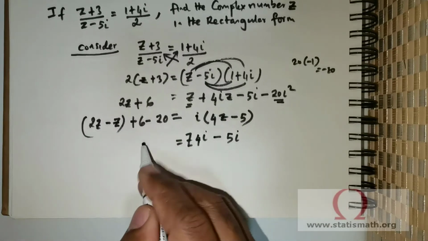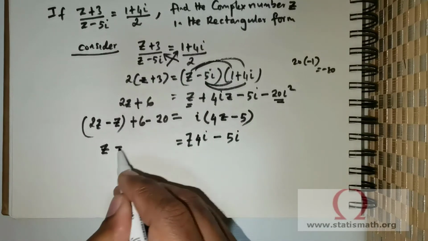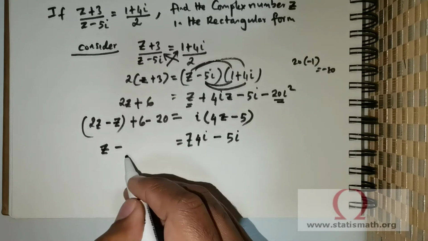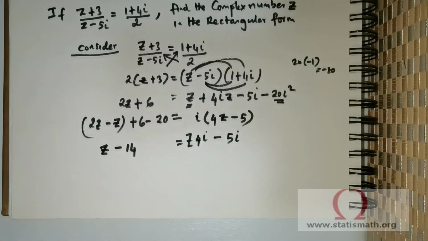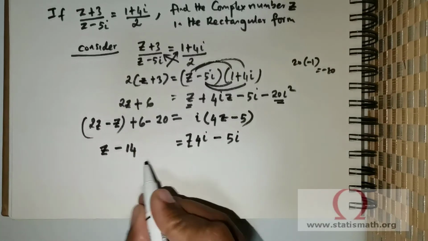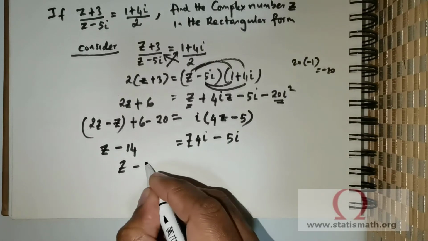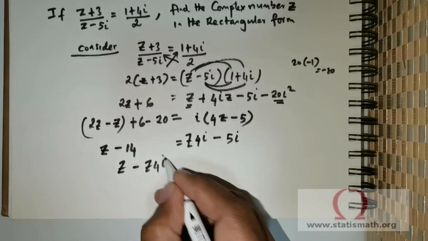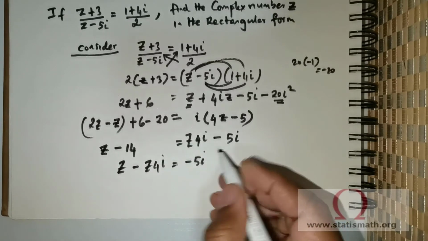Now simplifying this is going to give me z + 6 added with -20, that's going to be -14. Now I'm going to move z4i to this side, so that's going to be z - z4i, and this is going to be -5i.